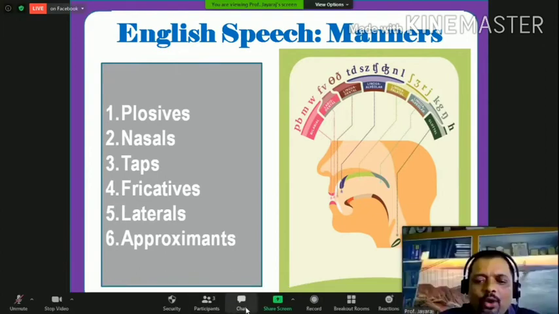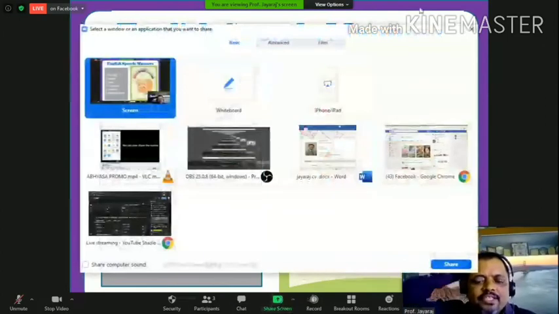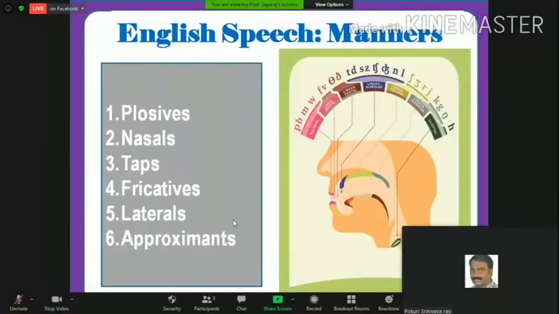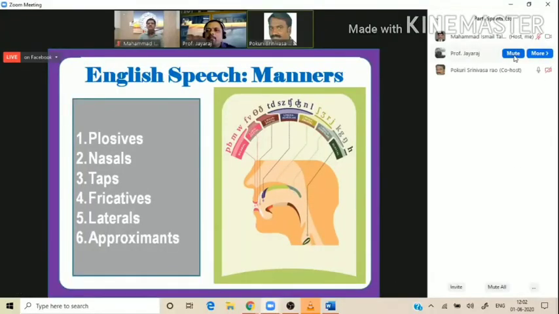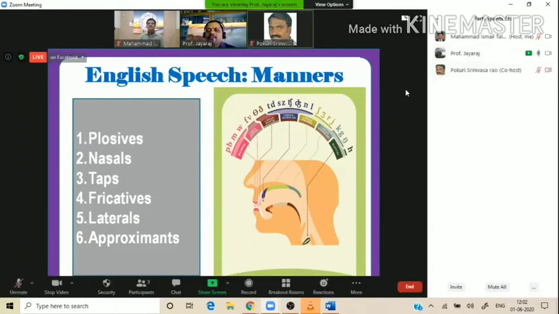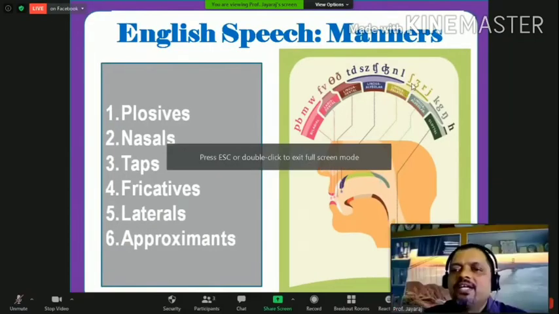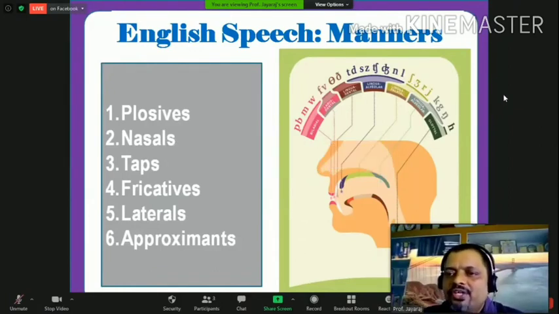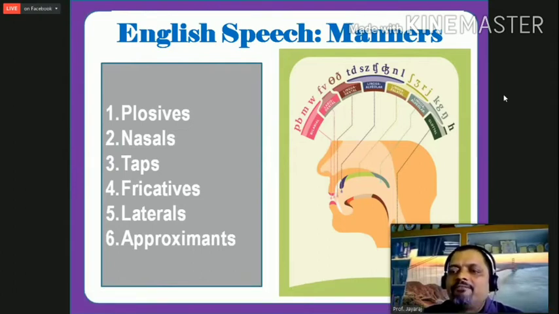So when it comes to trills, in English we don't have trills, but when we take up Telugu, we have them. For example, r is an approximant or continuant in English, but in Telugu we have it as a tap: ra, ra, ra, river.